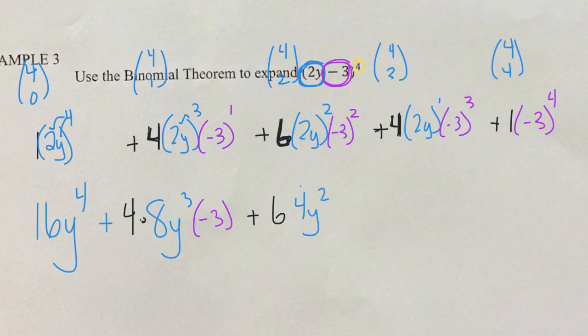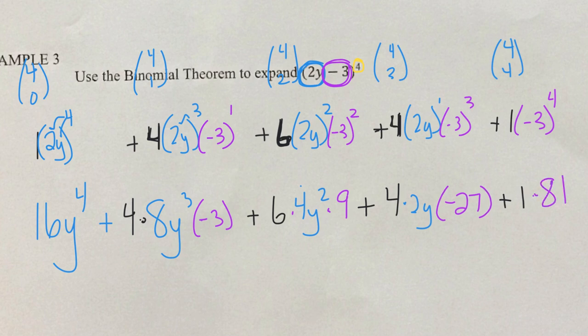What is negative 3 squared? That's positive 9. Plus 4 times 2y times, what is negative 3 to the third? Negative 27. Plus 1 times negative 3 to the fourth is positive 81.